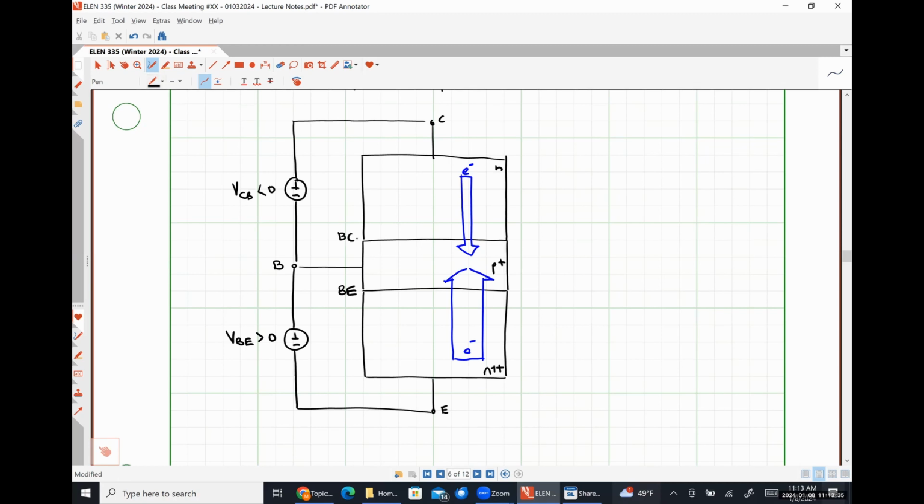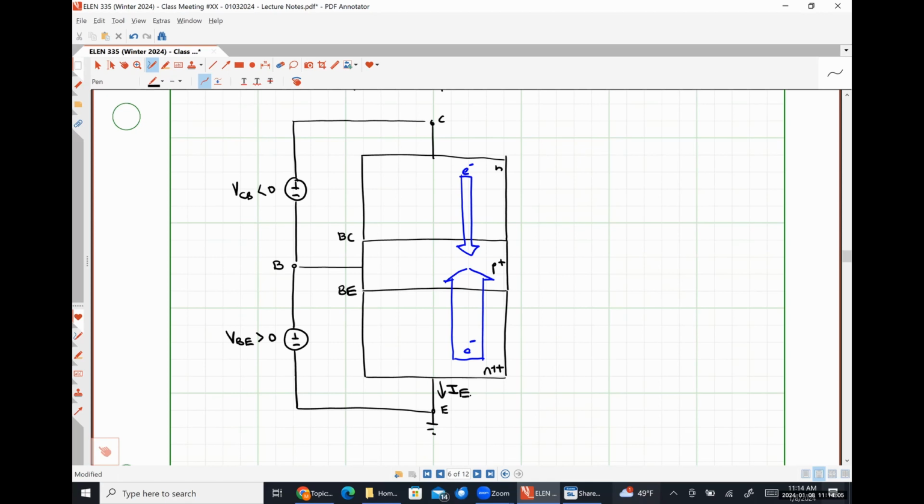All right. So since the emitter is much more heavily doped, net electron flow will still occur from the emitter to the collector, which will result in a total current that is flowing out of the emitter terminal. So we should still see some emitter current, i.e. like so.